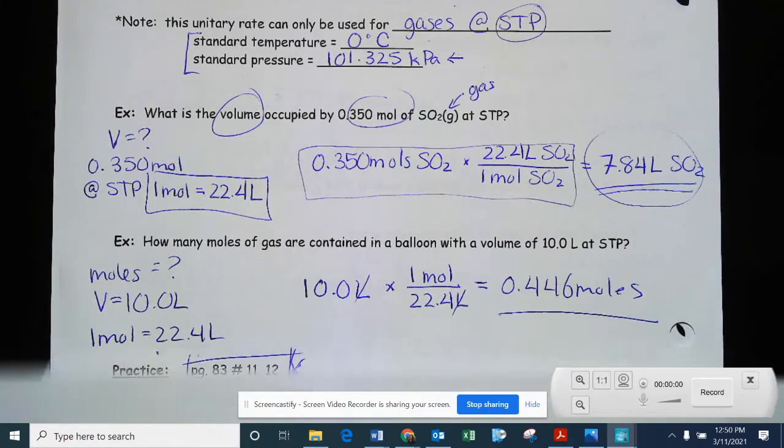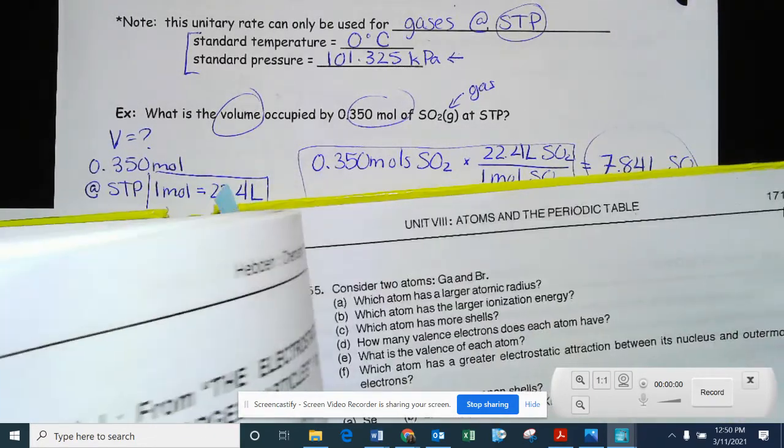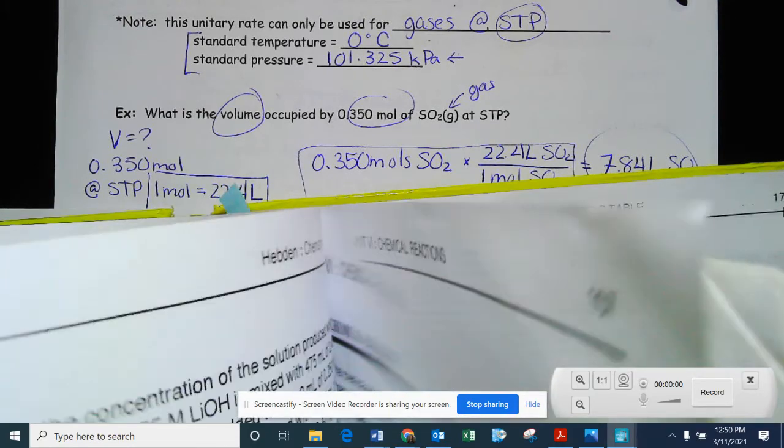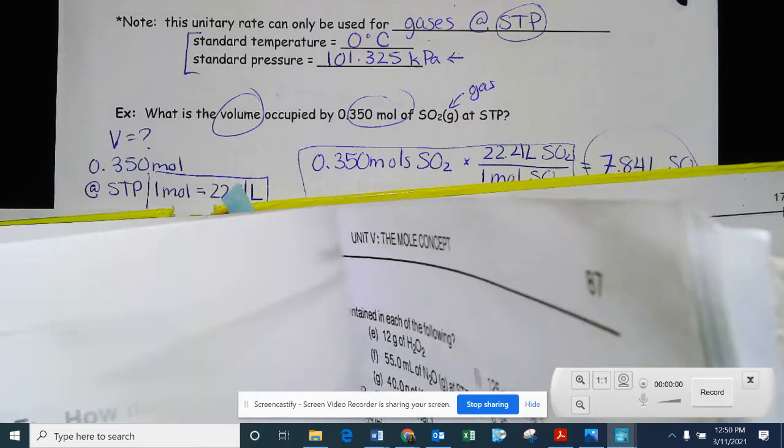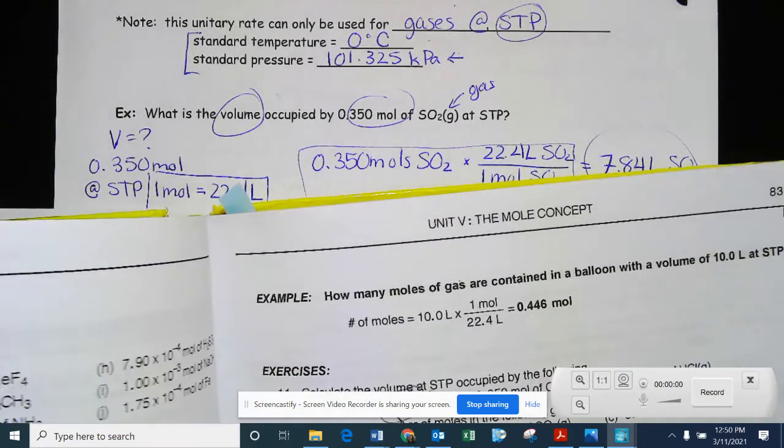Okay, so question 12. Did everybody at least try question 12? So this is page 83. If you don't have your book out, just grab it and we'll flip to page 83 and we'll go through this example together.